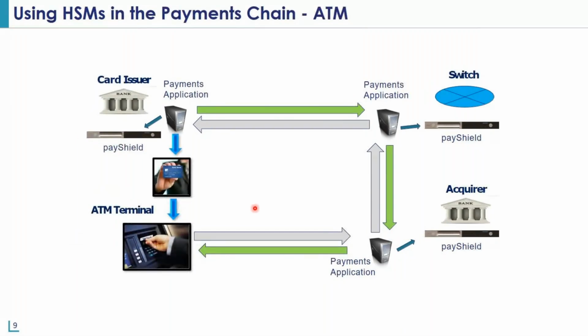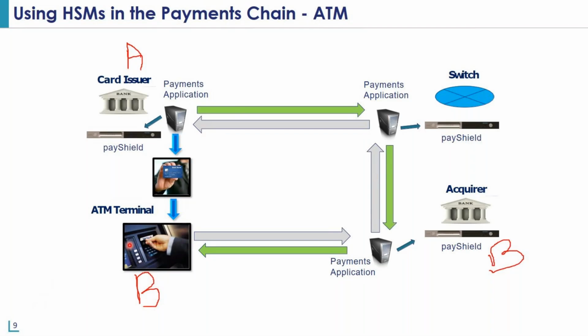If we talk about ATM terminals, the same process is happening. You are inserting your card, you are giving your PIN. Let's say, same example, you have a bank account with bank A. Now you are using the ATM terminal of bank B. You are using the ATM terminal of a different bank.